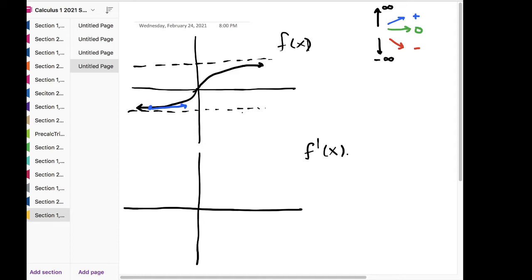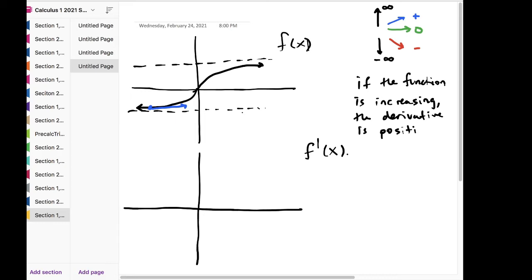So here's another. If the function is increasing, the derivative is positive. Right? That makes sense. How is it changing? If it's increasing, it's changing in a positive direction.